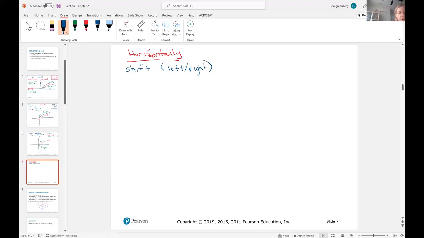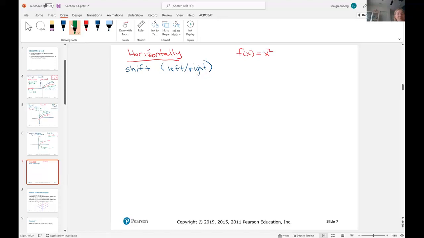Okay, so for example, I think I'll use a different graph this time. I'm going to say f of x is equal to, let's just use x squared. If I want to shift horizontally, things are opposite of what they were vertically.